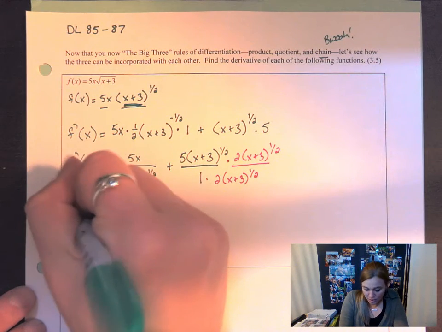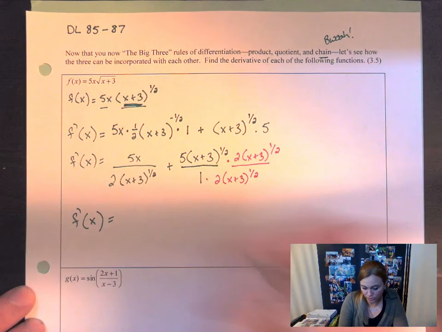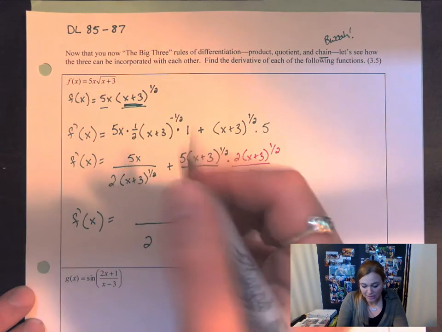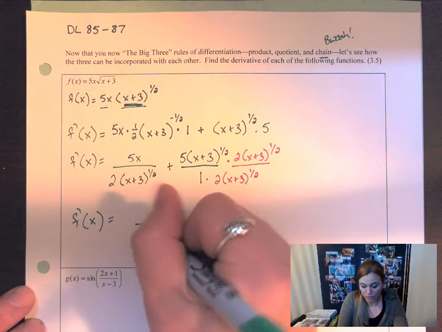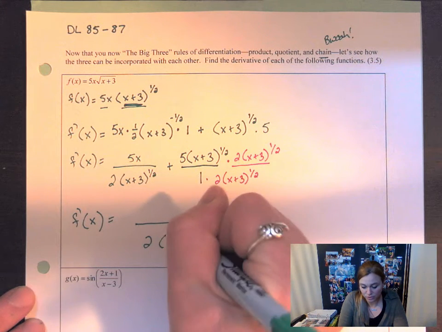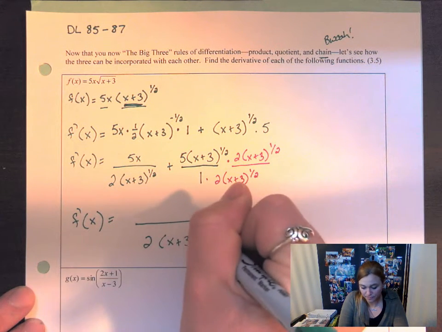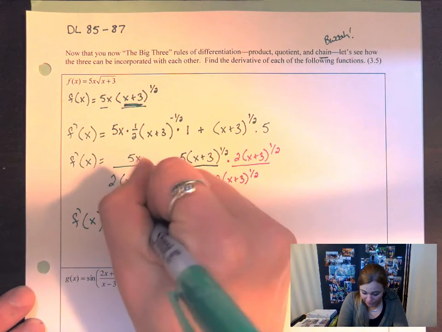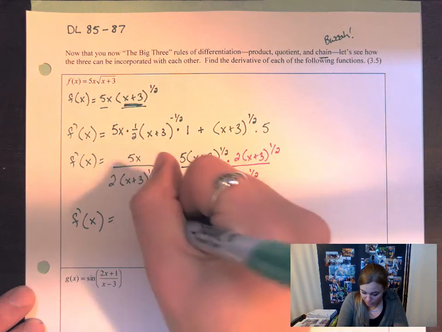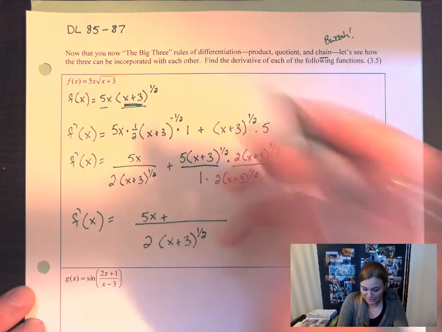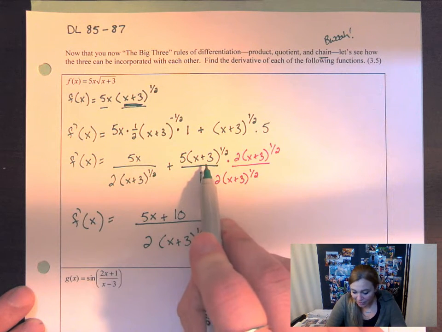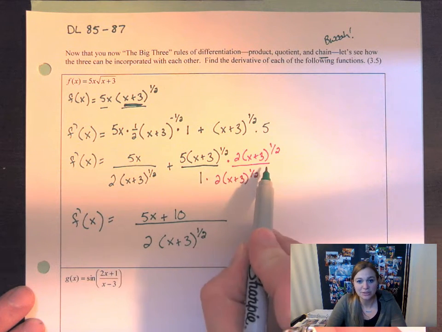Now I can say f prime of x is equal to, and I have a common denominator of 2 times x plus 3 to the 1/2 power, or the square root of x plus 3. And then in the numerator, I would have 5x plus 5 times 2 is 10. Here I would have x plus 3 to the 1/2 times x plus 3 to the 1/2.